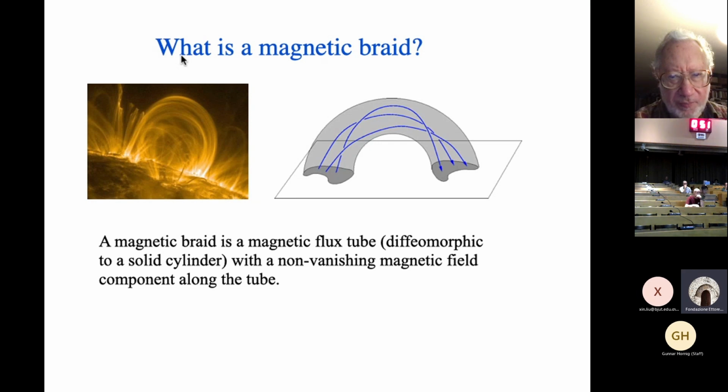And I assume that the field is non-zero everywhere in that domain. So we have a non-vanishing magnetic field component along the tube, right? So that generates a mapping from one foot point, and the surface here, you can think of that as the photosphere, the visible surface of the sun, connecting one patch of polarity to another.